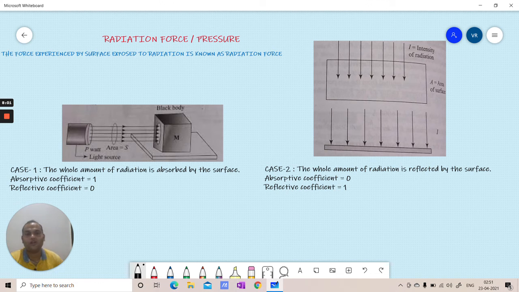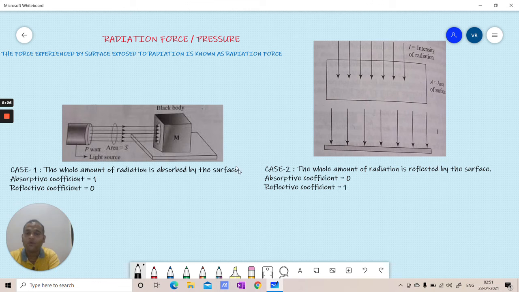But if it is not, then they absorb all the energy. So there can be two cases, rather three, but we'll discuss two. First case is the whole amount of radiation is absorbed by the surface, so the absorptive coefficient is 1 and reflective coefficient is 0. Case 2 is when the whole amount of radiation is reflected by the surface, so absorptive coefficient is 0, reflective coefficient is 1.